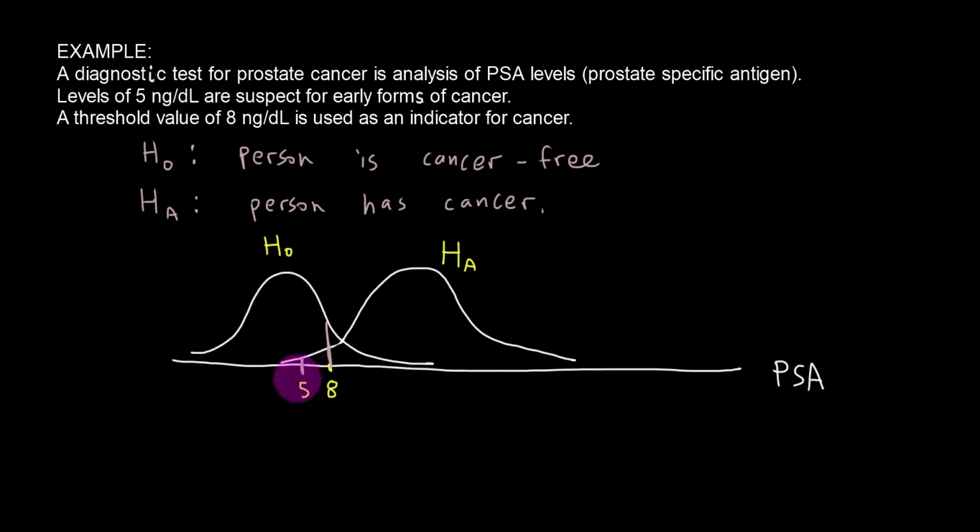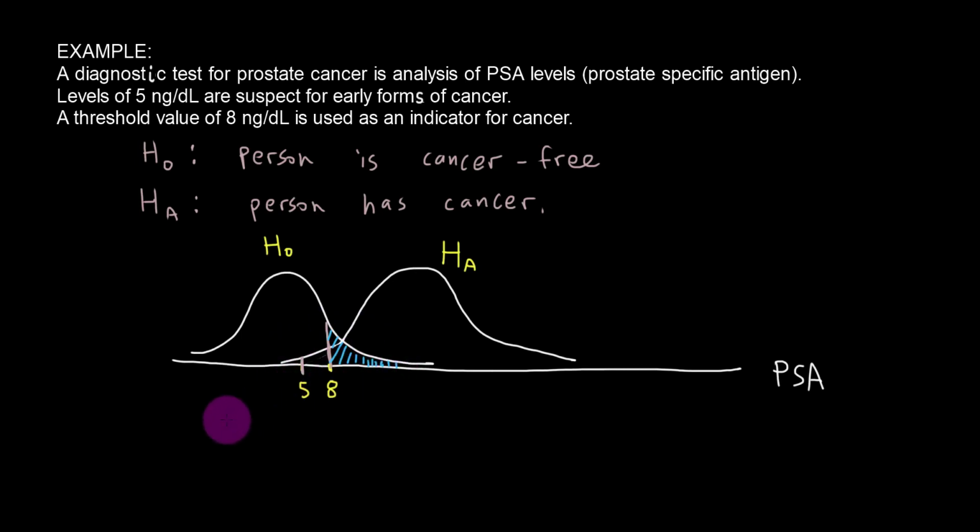So let's focus on the area under the curve for the cancer-free individuals. Let's consider the area beyond 8. This may not be drawn to scale, but there are certainly going to be some folks out there who have an inflated PSA level, but they may not have cancer.